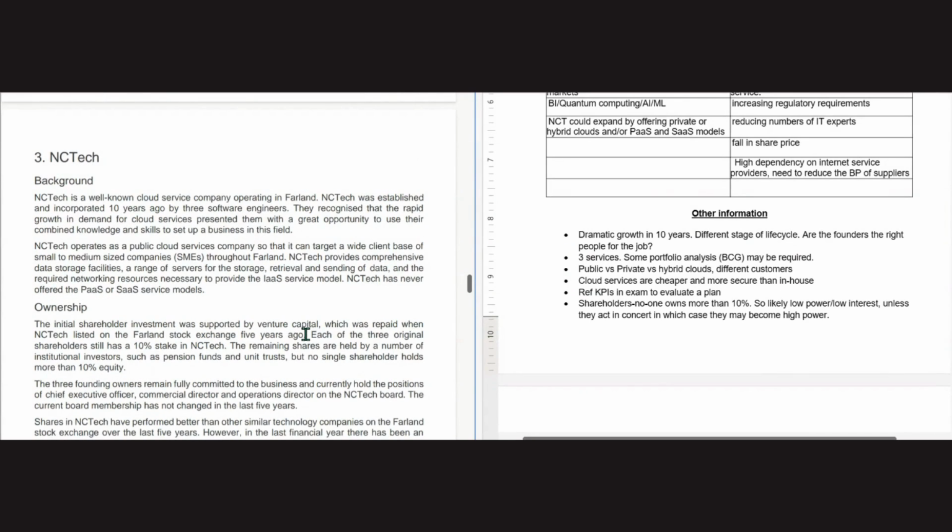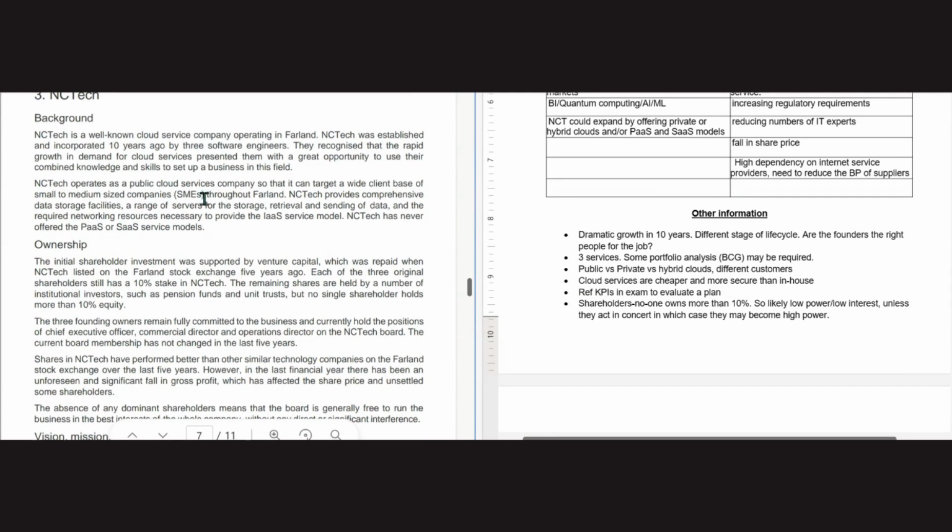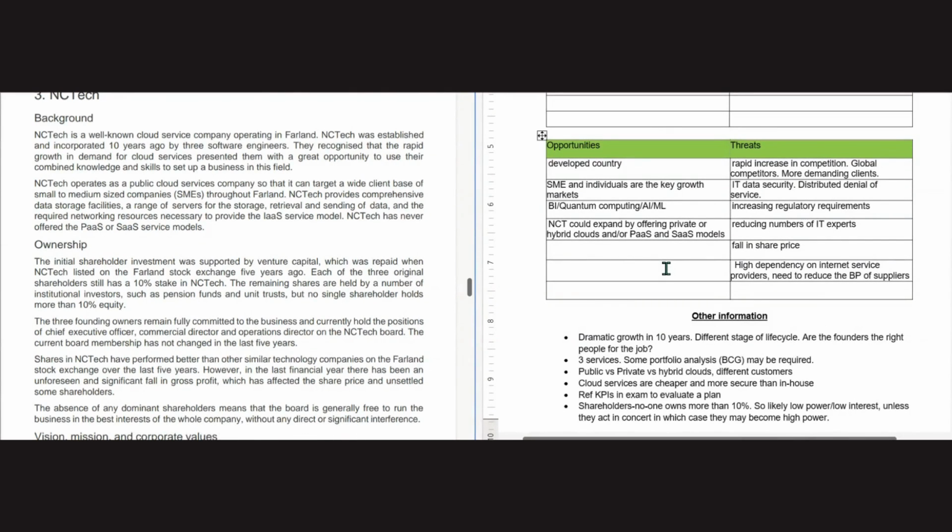We now come to the company itself. Well-known cloud service company, established and so on. We already know this from the previous section. Now it operates as a public cloud services company, so it's public, not private. Its client base is SMEs, and they work throughout the country.